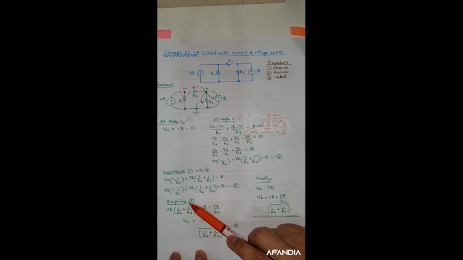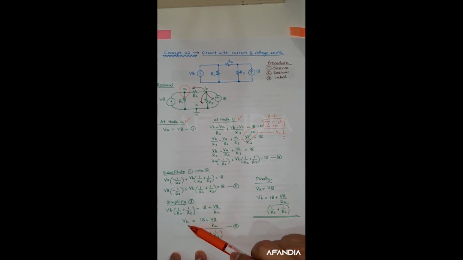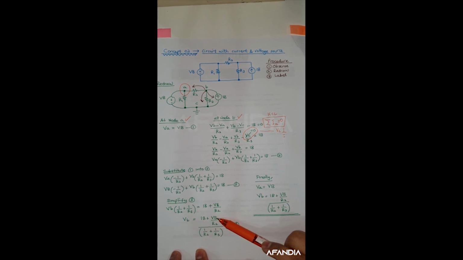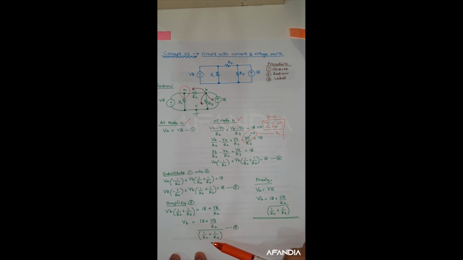And then we simplify, and finally we have VB equal to IB plus VB over R2, divided by 1 over R2 plus 1 over R3.